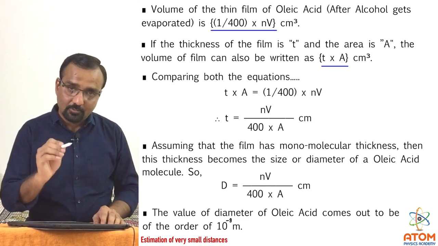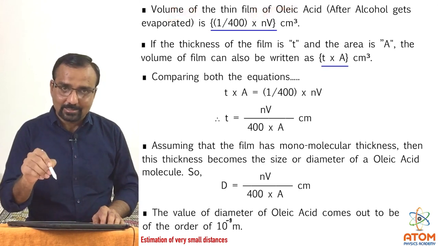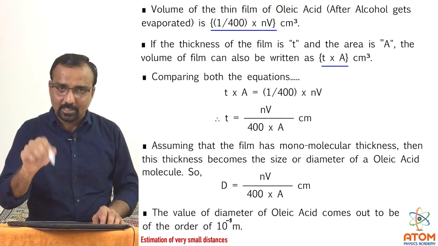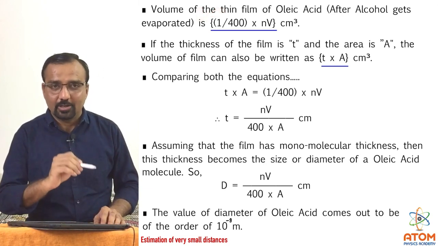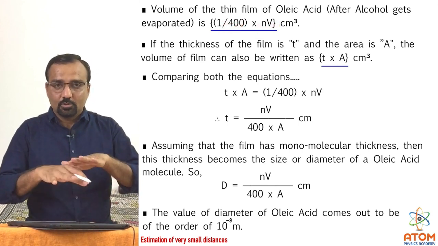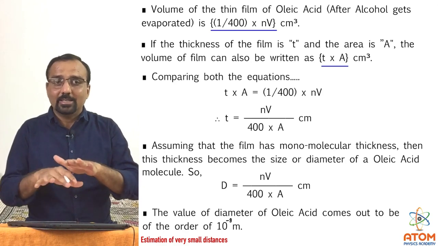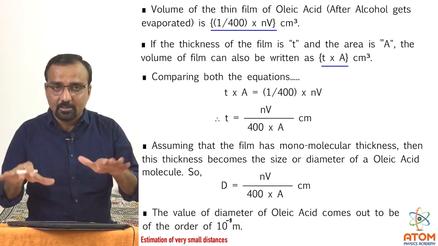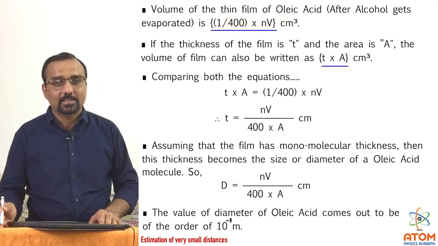That is why we are saying the volume of thin film of oleic acid, now it is only oleic acid as I said. So, the volume of thin film of oleic acid is 1 by 400 into NV cube. So, the total volume of the remaining oleic acid surface, or say the thin film, is 1 by 400 NV centimeter cube.